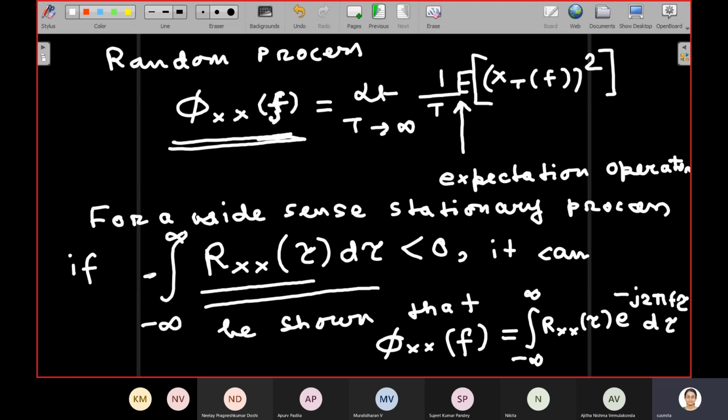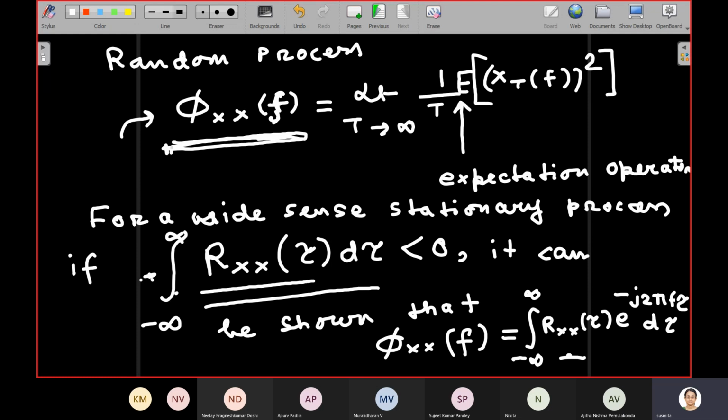If this integration does not exist, then the Fourier transform also does not exist. It can be shown that if this exists, the Fourier transform exists. In that case, we have to use this definition. So this definition always holds. Whether a process is wide sense stationary or not, the definition that we have shown here always exists.